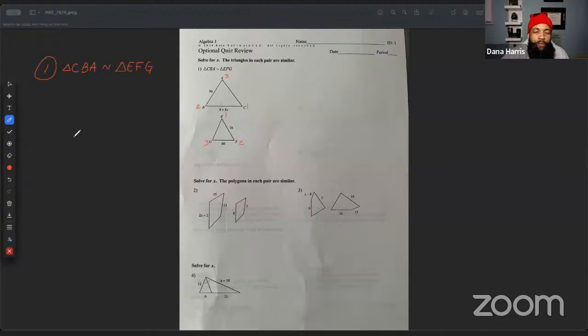So if we redraw this, then now I want to put angle E here. We're gonna erase that one. I want it to be as perfect as possible.